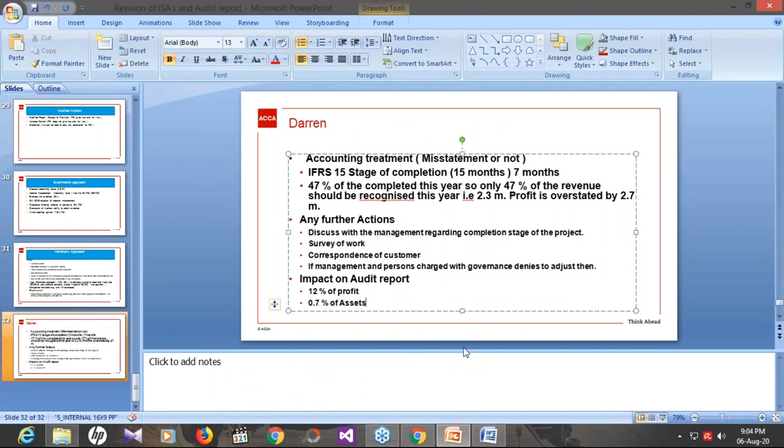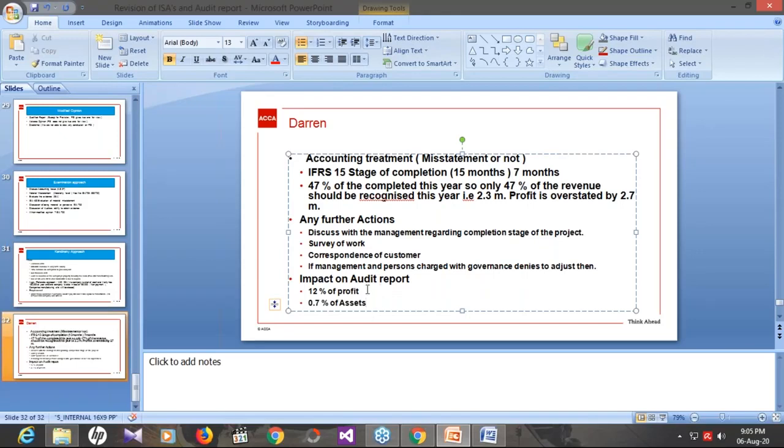So we know that according to the materiality benchmark, any misstatement that is above 1% of the assets and above 5% of the profit is considered as material.